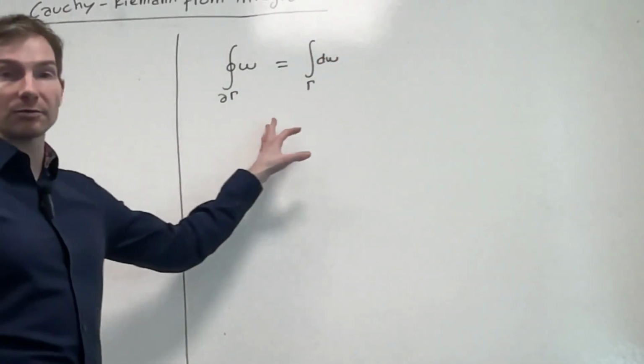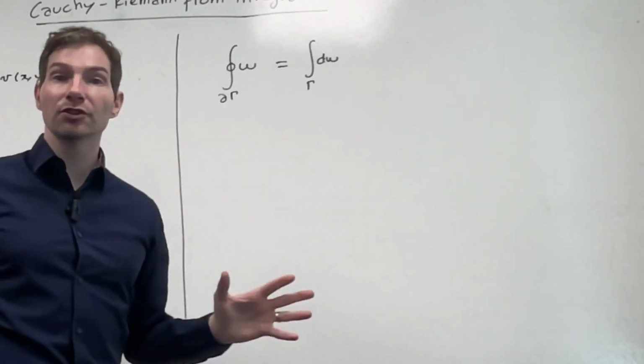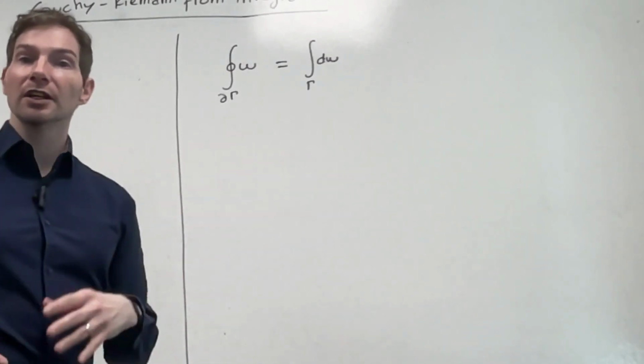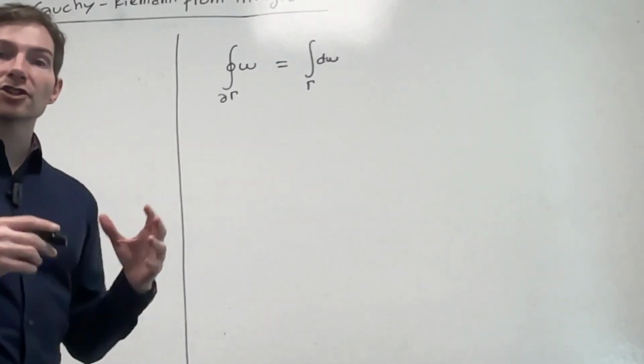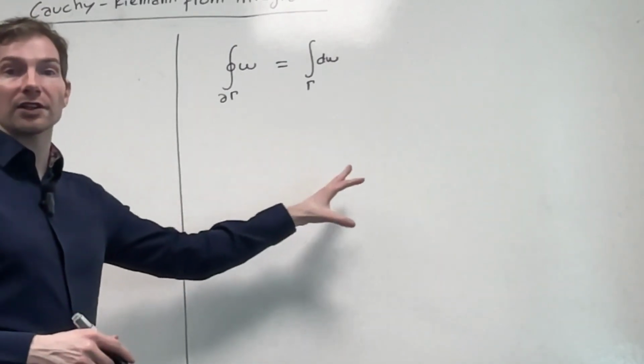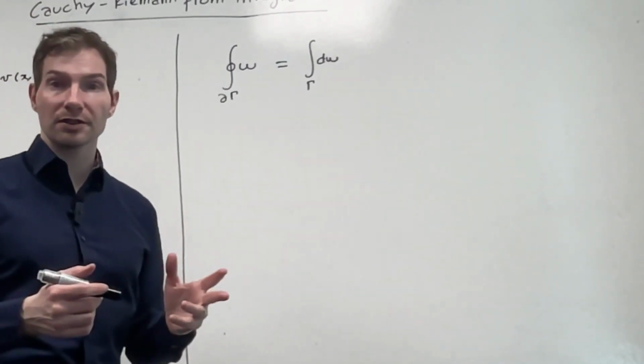Okay, so that's the theorem that we've looked at already on multiple occasions for multiple things, including general relativity. And here we just want to apply it in the context of complex numbers.